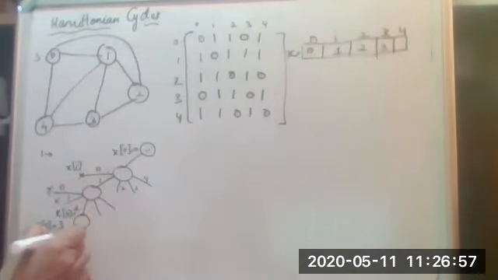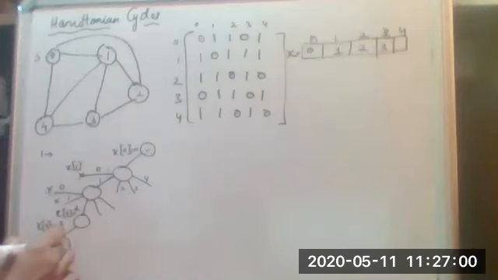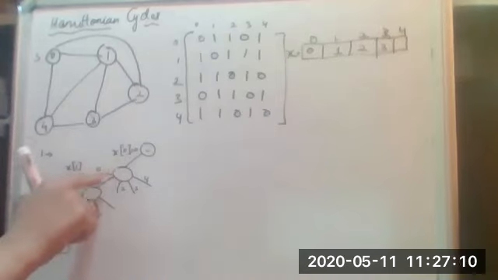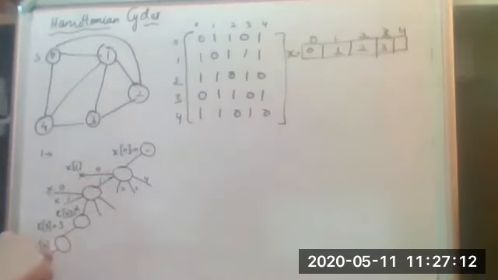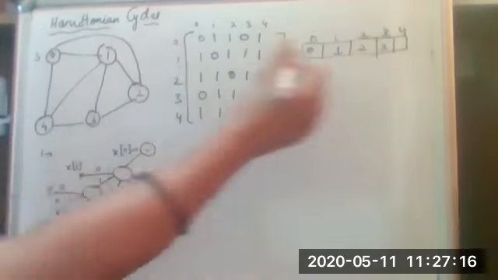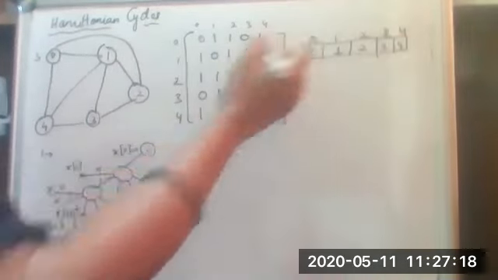Fine. After that, for x4, which is the last choice in this case, I try to find out whether I have a choice here. I cannot have 0, 1, 2 and 3, but I can have 4, because there is a path from 3 to 4. So I'll keep 4.